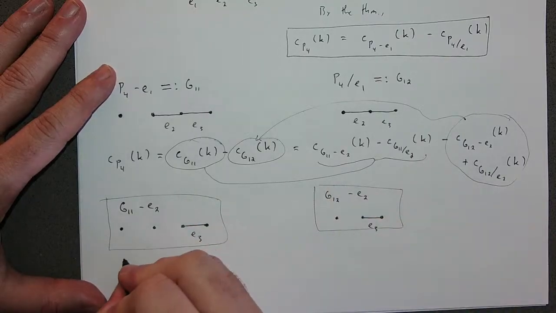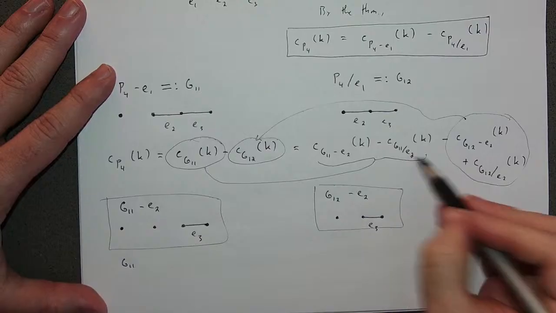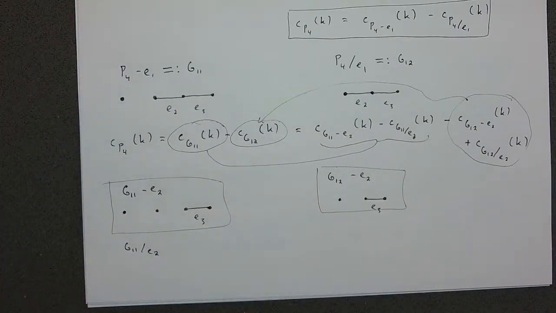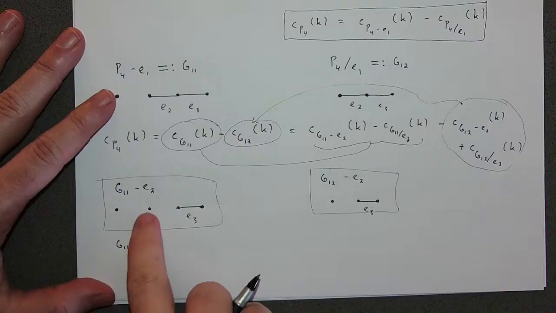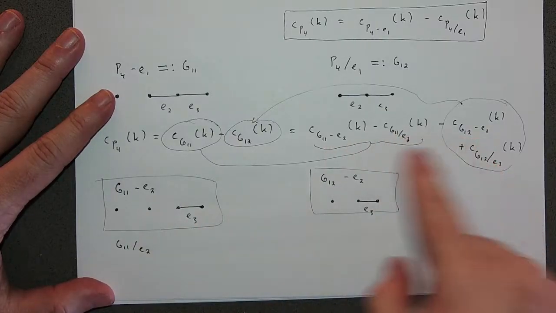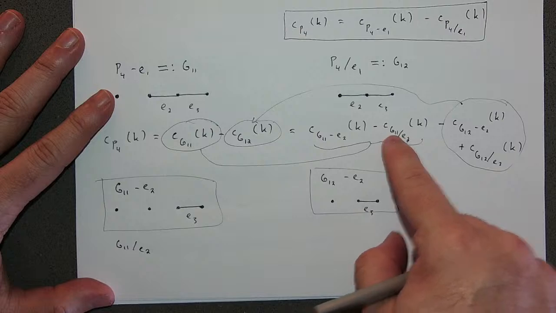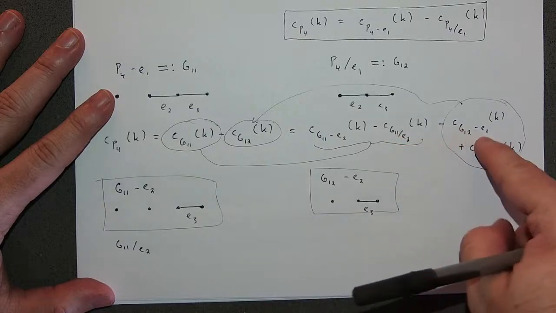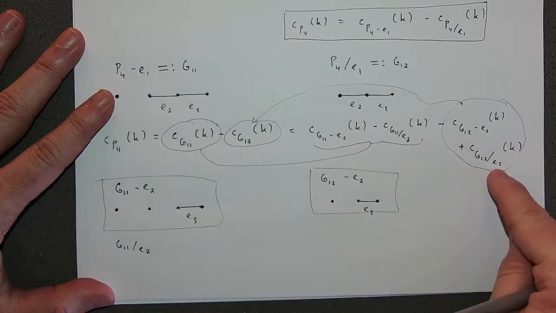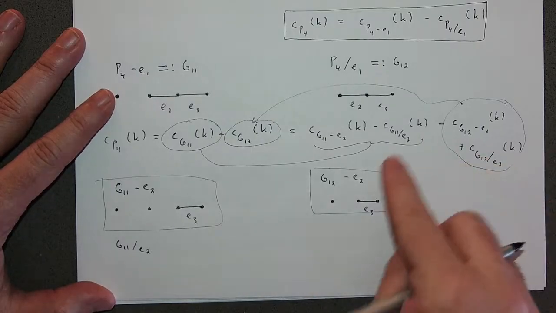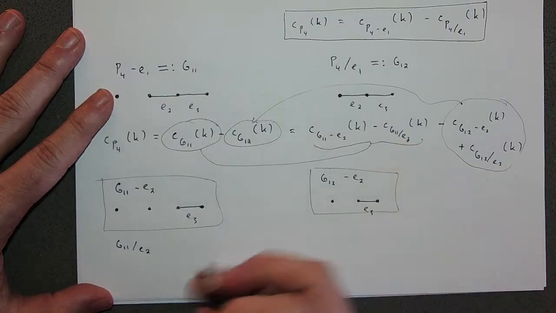What about G sub 1 1 mod E2? You might ask, what am I doing at this step? I'm drawing a picture of all of these graphs. There's 4 of them: G sub 1 1 minus E2, G sub 1 1 mod E2, G sub 1 2 minus E2, and G sub 1 2 mod E2. So I'm doing all of them. G sub 1 1 mod E2, what is that?